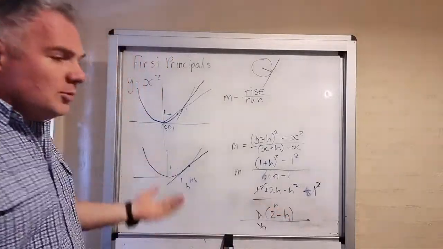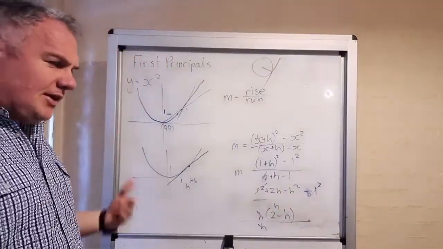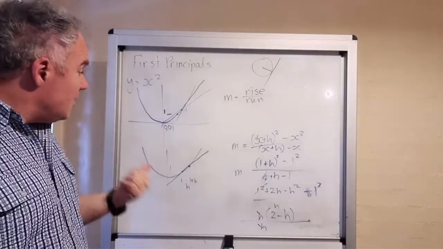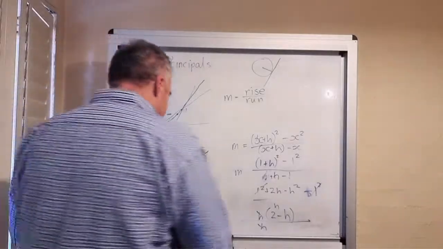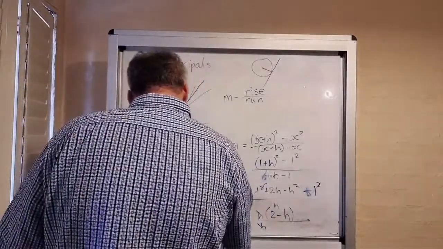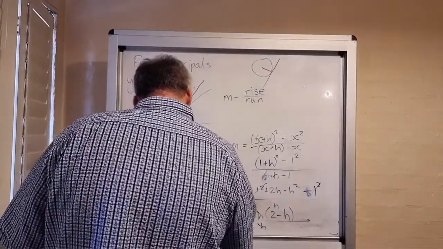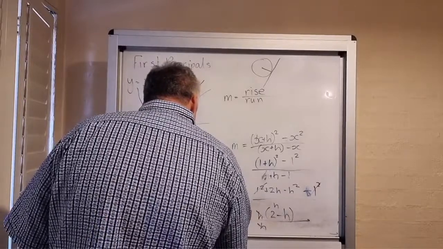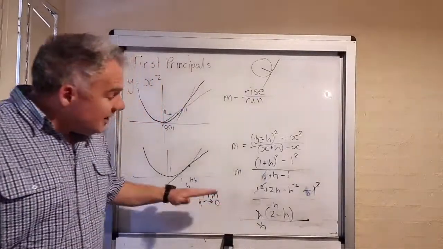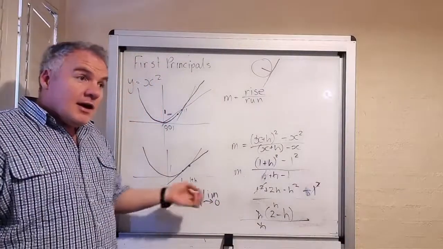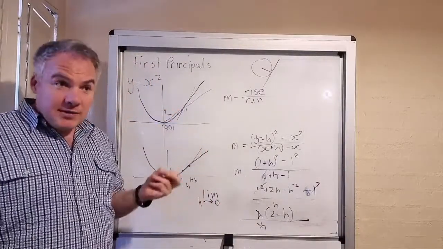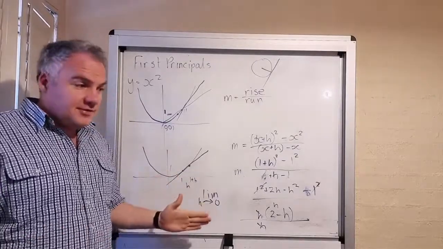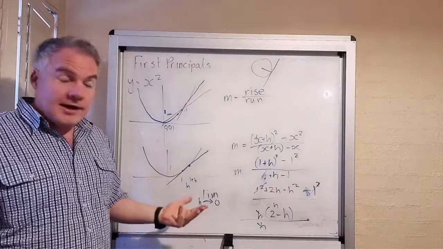Now that may look weird, but it is very, very useful to us because of this fact, that if we take the limit as h approaches 0, we can make h as small as we can make it without being 0 in a mathematically rigorous and important way.